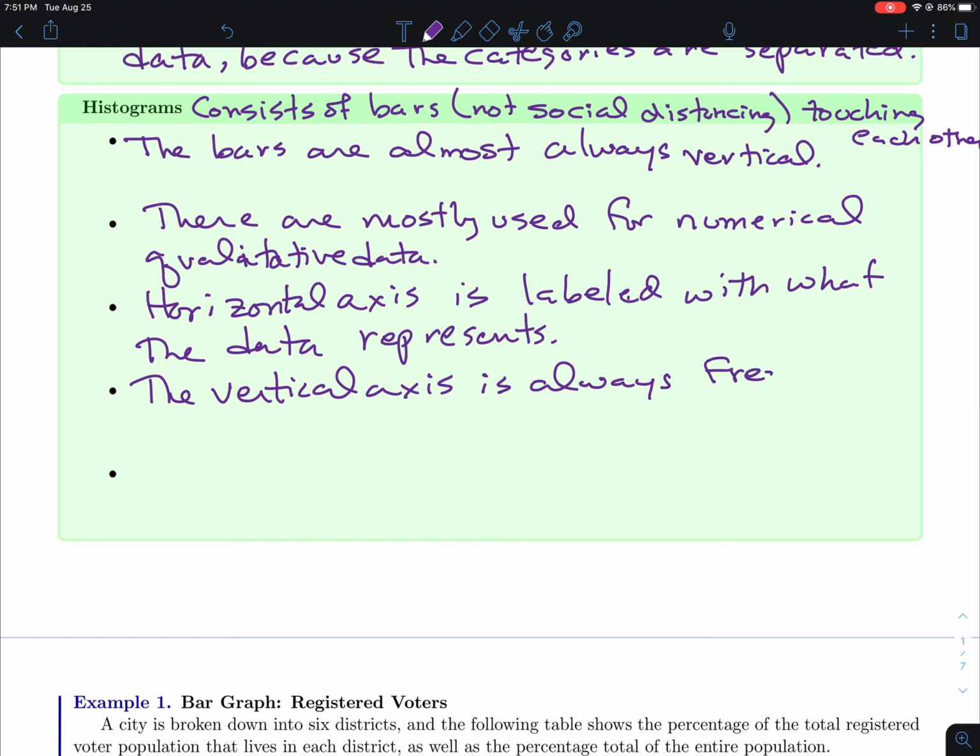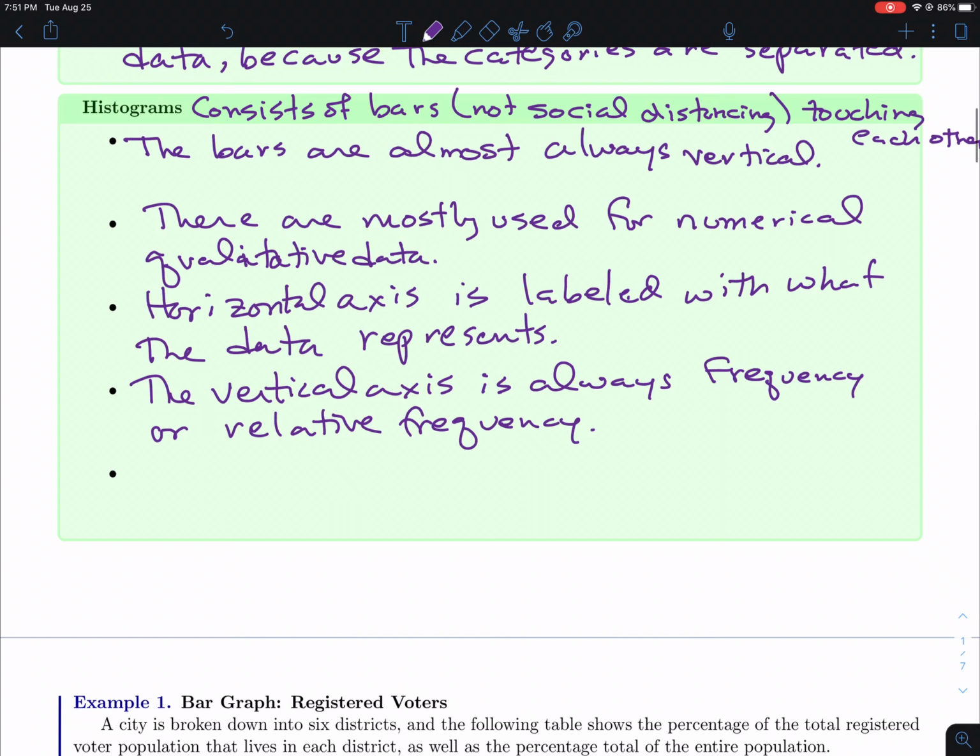is always labeled frequency, or relative frequency. And finally, the histogram contains exactly the same information as the frequency table. If you actually imagine kind of drawing bars around the frequency table, you could almost imagine what the histogram would look like.